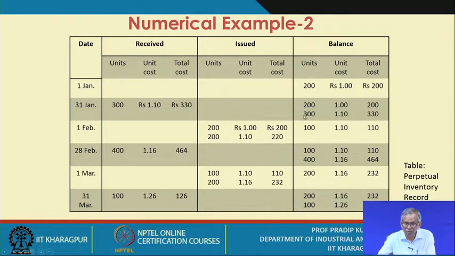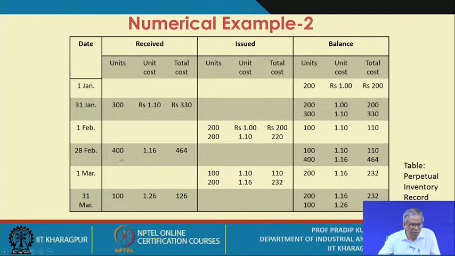Now, out of 300 you have issued 200 units, so you have the remaining 100 units, and so how do you get the total cost for the remaining units, that is 100 units, that is 100 into 1.10, okay, that is 110.